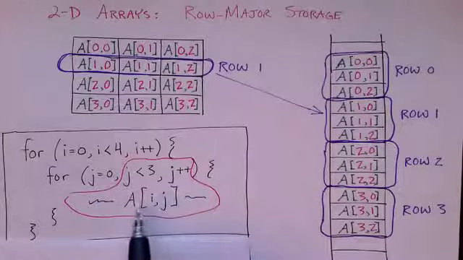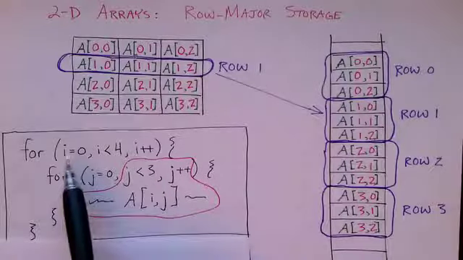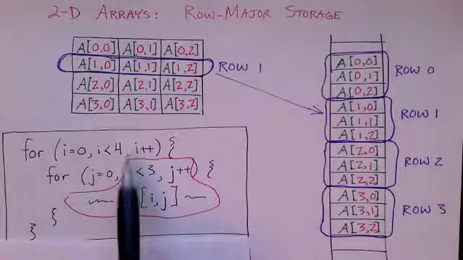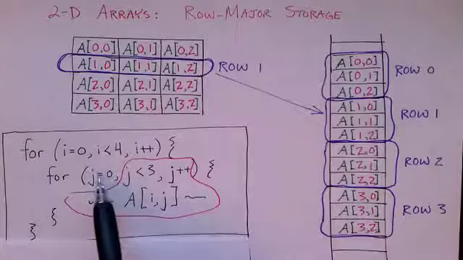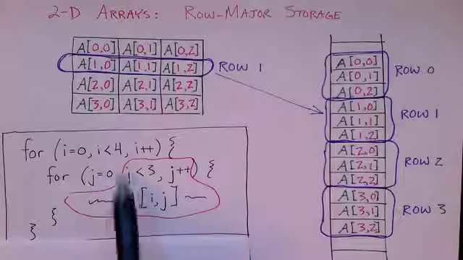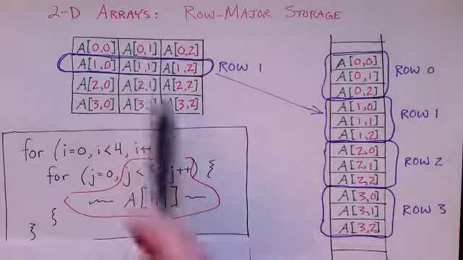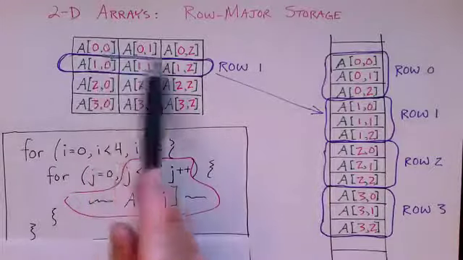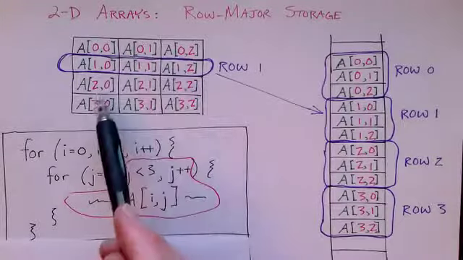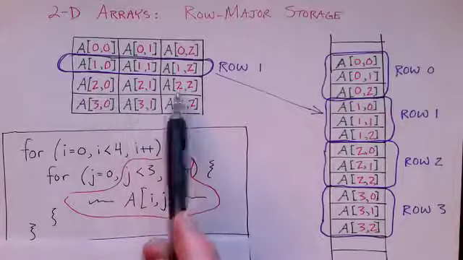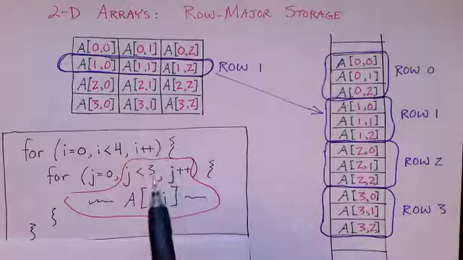It accesses an array element, and the first loop iterates I. I is the row number, and the second one iterates J, the column number. So this thing goes through the array elements in this order: 0,0, 0,1, 0,2, 1,0, 1,1, 1,2, 2,0, 2,1, 2,2, and so on. So it's going through it in row major order.